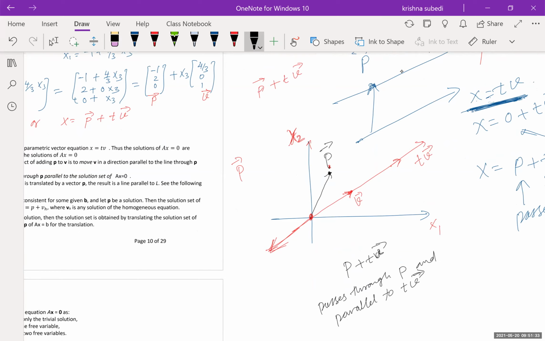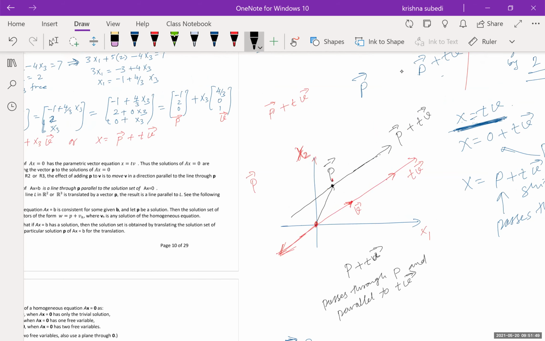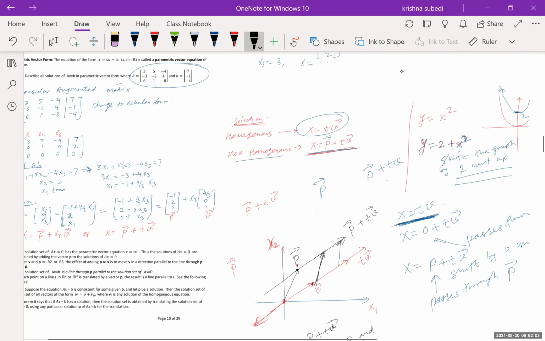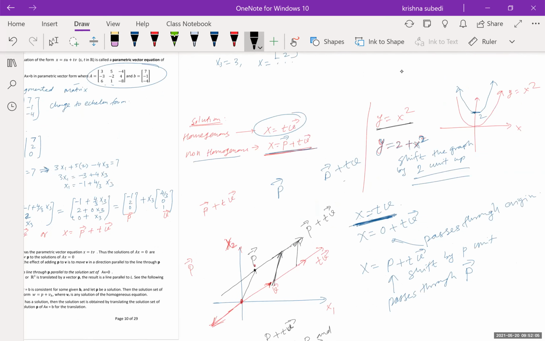Now, the line that passes through P and is parallel to TV is this line. Let me just erase that. This is your P plus TV. So what is happening? Well, it just shifted by the P vector. No matter what position you consider, this is just shifted by P. All the points are shifted by P. Just as when we have y equal to x square, it's simply a parabola.